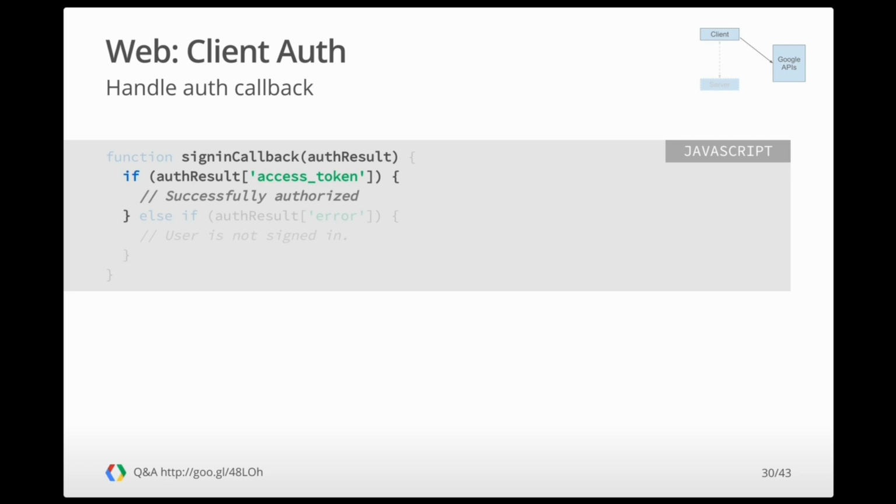If the auth result has an access token, which is a sign that they have information that gives you access to Google, then you know that they're authorized, and you can immediately start making API calls. You actually don't even need to look at the access token other than just to make sure it's there, because the JavaScript library already uses the tokens as necessary in order to make API calls.